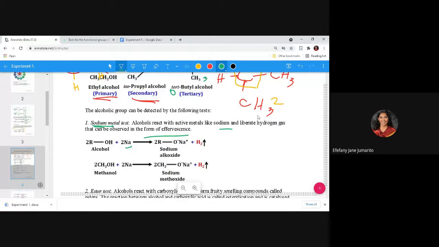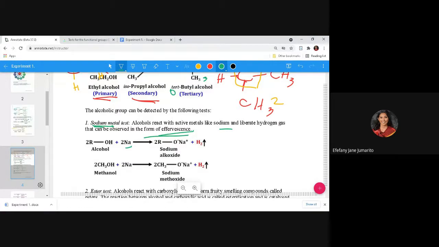Now, if in your laboratory you can observe an effervescence, when we say effervescence, class, it is like when you open a Coke. Once we open that, there will be an escape of carbon dioxide. That escape is what we call effervescence.